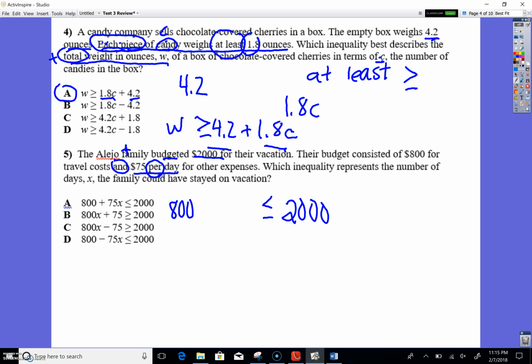Remember the word per. That's going to be our X, the variable.